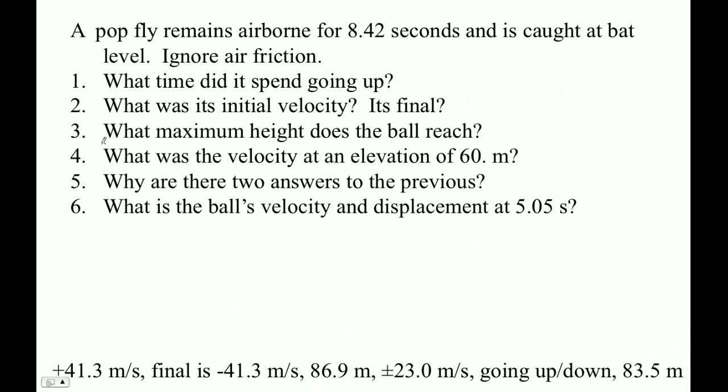Now let's answer this question. From the previous work, we've got this answer here. So let's go SUVAT. Our initial velocity is 41.3001. Final velocity is what we want to find. Acceleration is negative 9.81. Time, we can't do anything with the time. We don't know it's half the time because it's 60 meters.